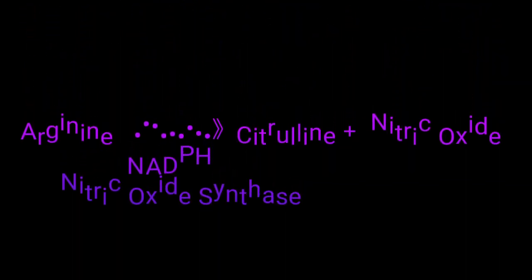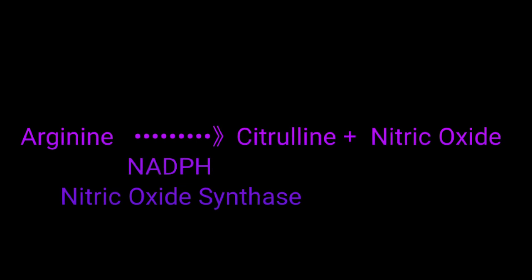The fifth important use of NADPH is that it is a required coenzyme for nitric oxide synthase, which produces nitric oxide from arginine.